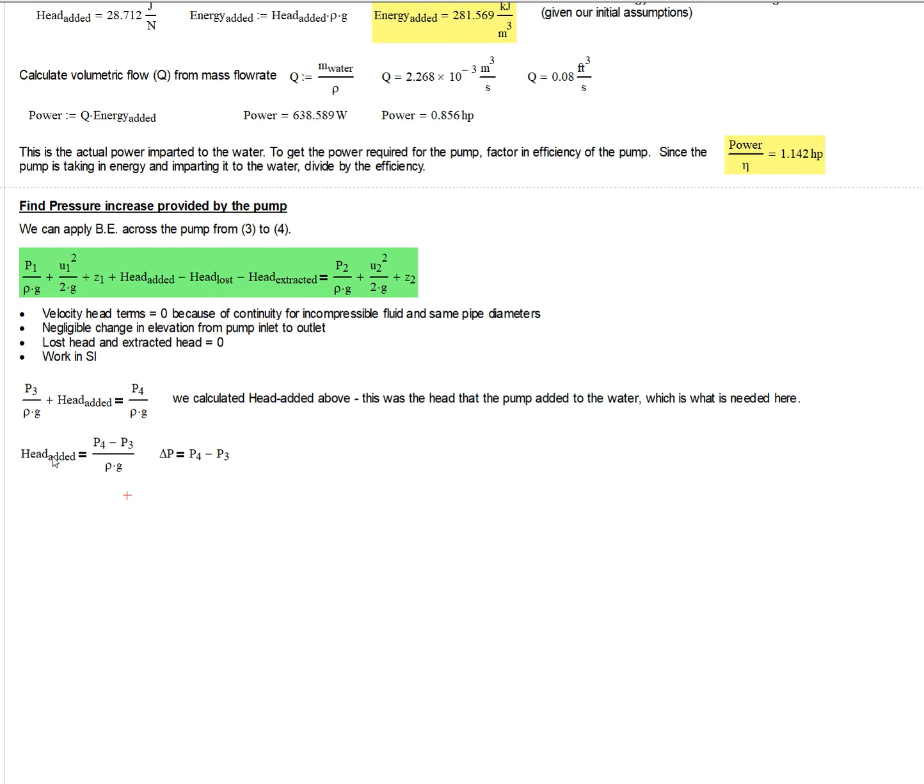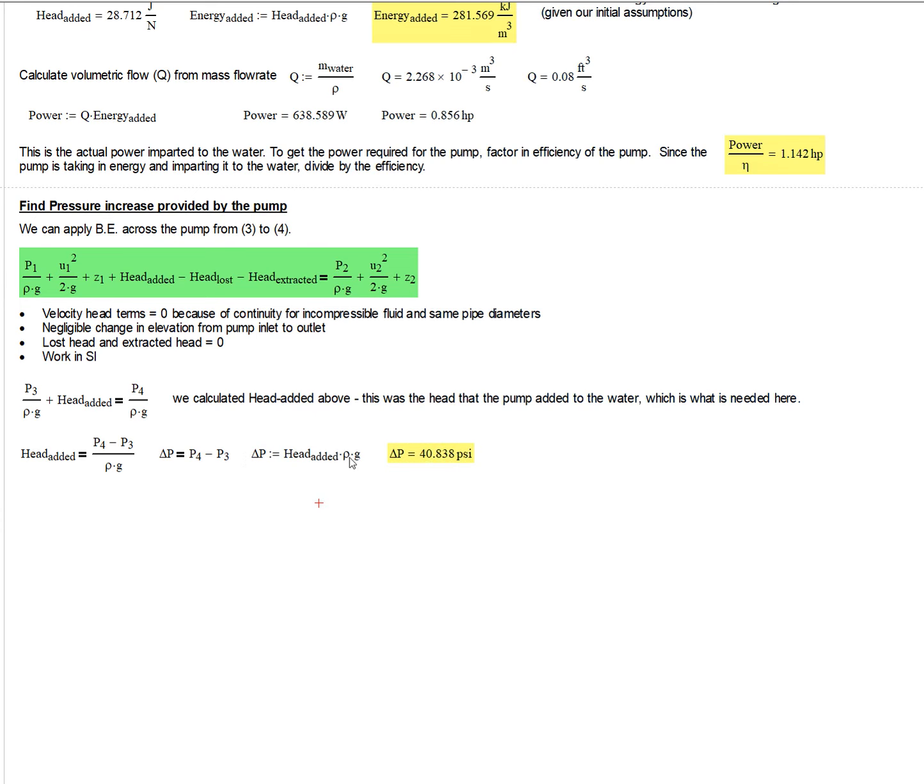We just simply rearrange this equation, and our pressure difference, our delta P, is going to be P4 minus P3. This is the outlet pressure minus the inlet pressure. And then we have the rho g that we have to deal with. So I have defined our delta P as P4 minus P3, and we can then just solve for delta P, which is equal to the head added times rho times g.